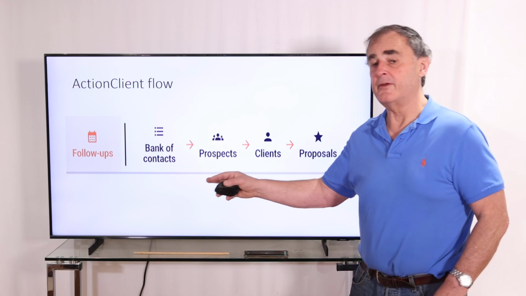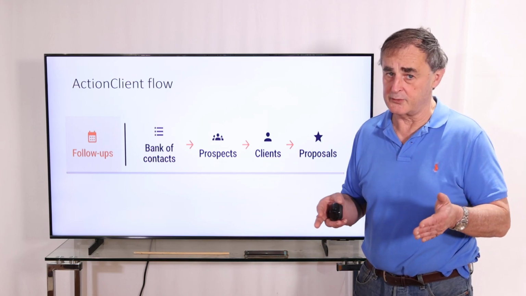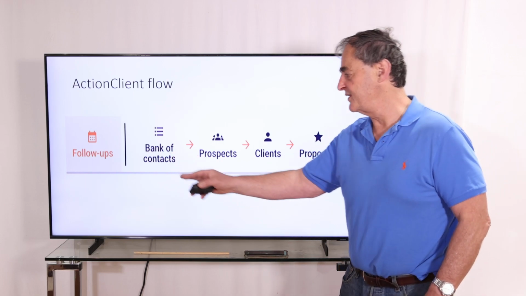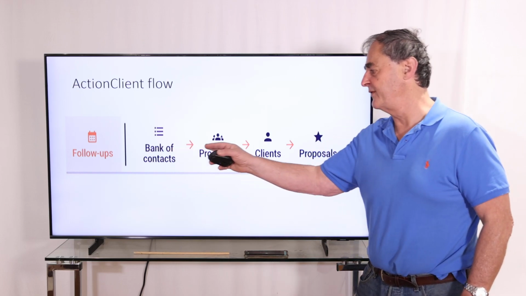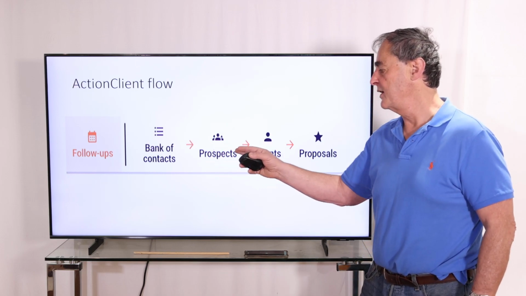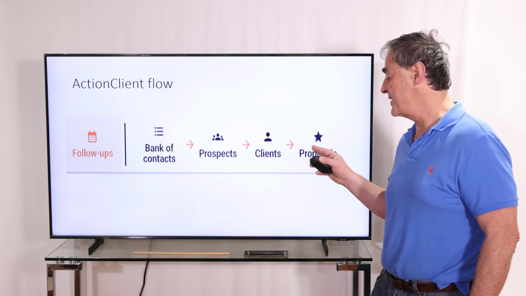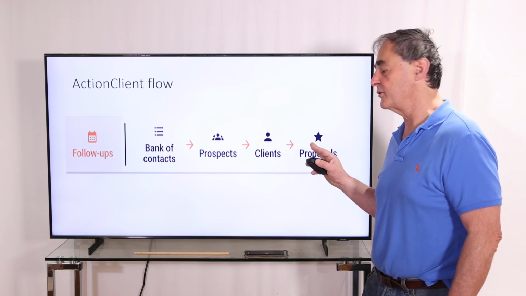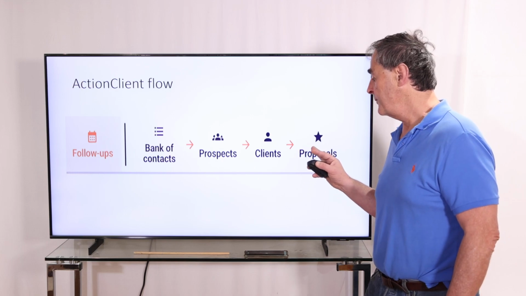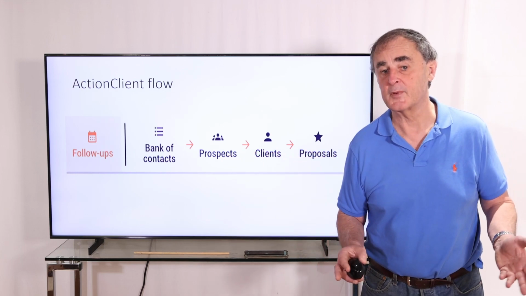Then here at the beginning you have the banks of contacts. That's the contacts you imported into your system. Then you choose some of them, the most important ones, and here you have the prospects. From prospects, they are going to become clients, and then you are going to make proposals. The proposals can come from the clients or from the prospects, depending.